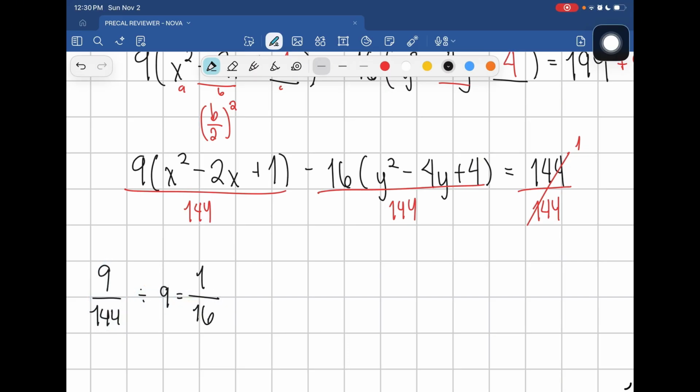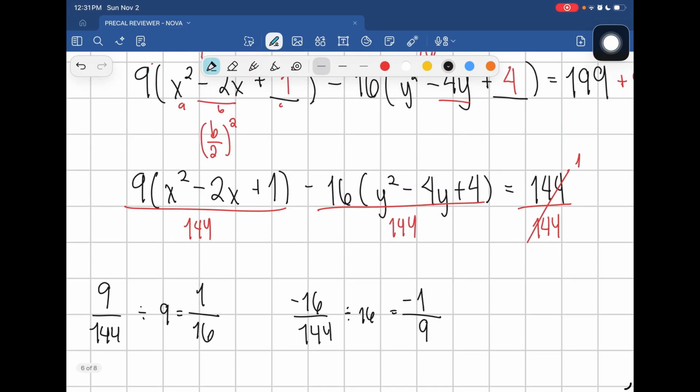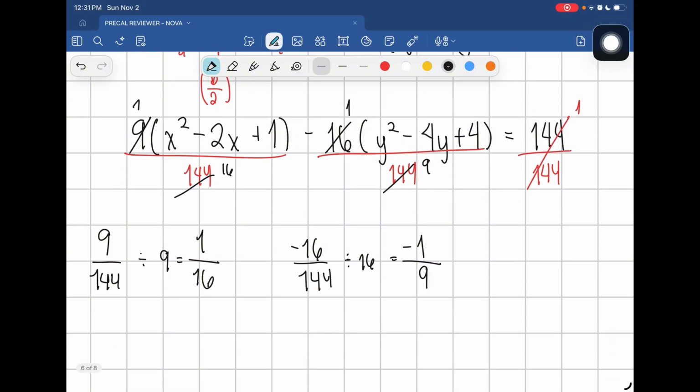Next we have negative 16 over 144. So the common factor is negative 16. Let's do it. So negative 16 divided by 16 is negative 1, and 144 divided by 16 is 9. So this becomes 1 and this becomes 1, but this becomes 16 and 9. There.